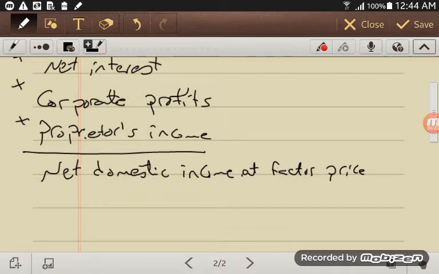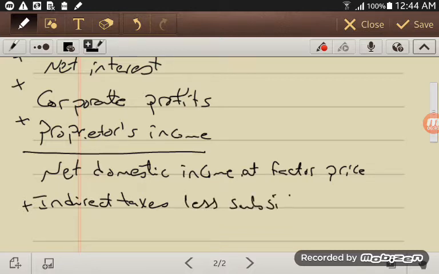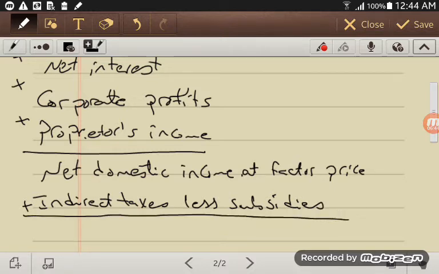So we have to add indirect taxes minus or less subsidies, and this will be net domestic income at market price.